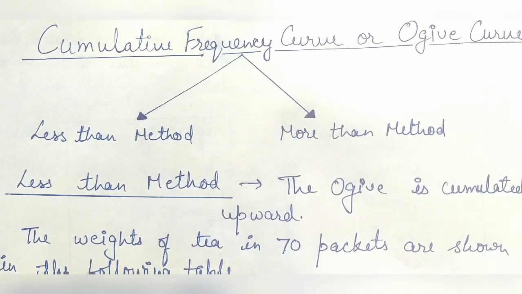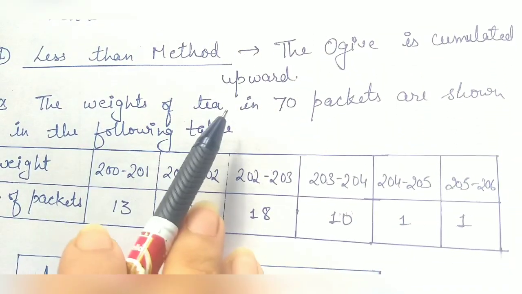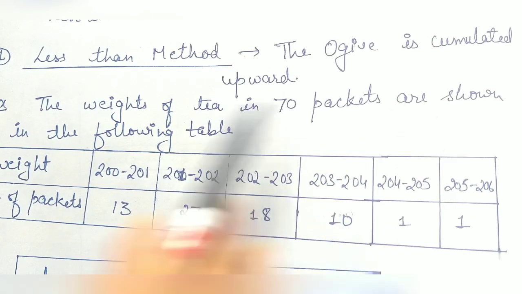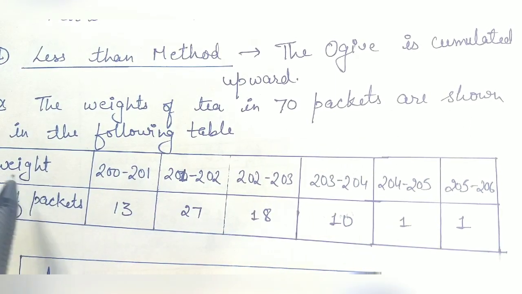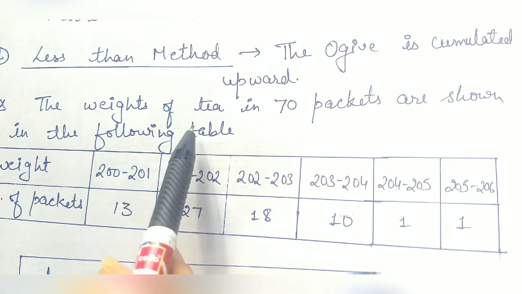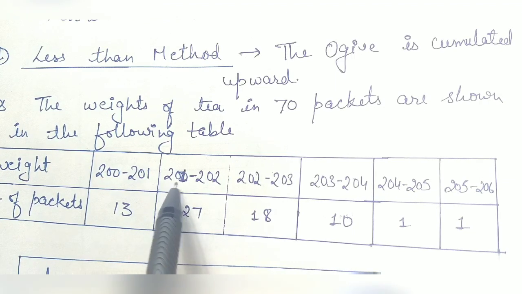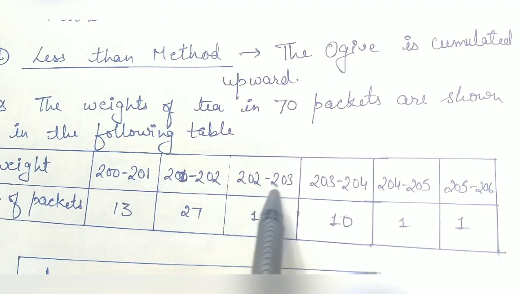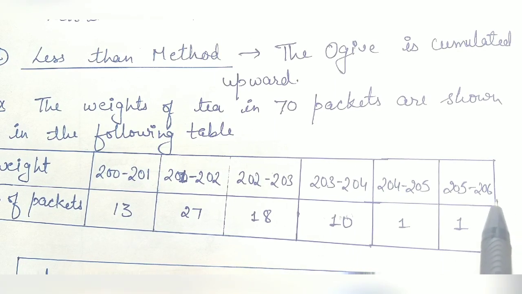We'll start this method with an example. The weight of tea in 70 packets is shown in the following table. Here, the weights of the tea packets are 200 to 201, 201 to 202, 202 to 203, till 205 to 206.